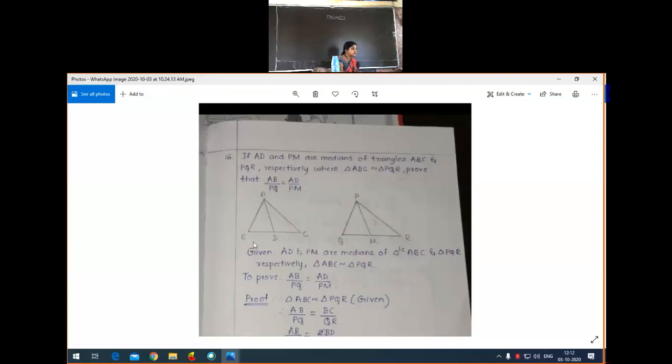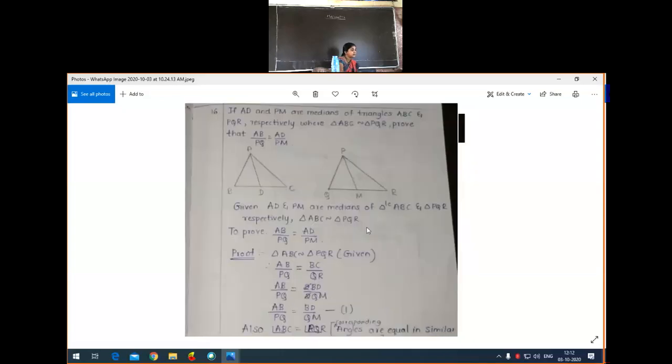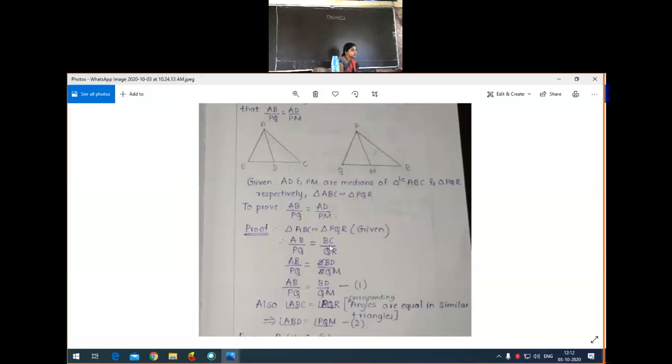So the given data is triangle ABC similar to triangle PQR. From this given data we begin the problem with two ratios, that is AB by PQ is equal to BC by QR. According to the median concept we can write it like this.